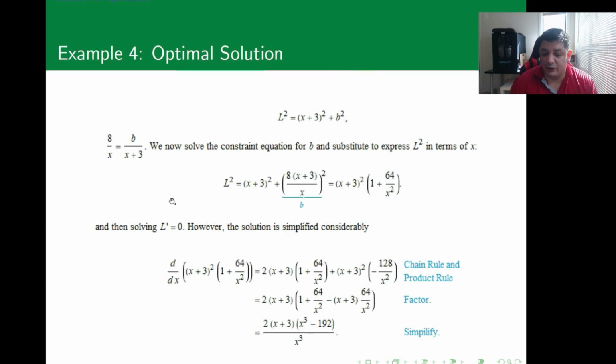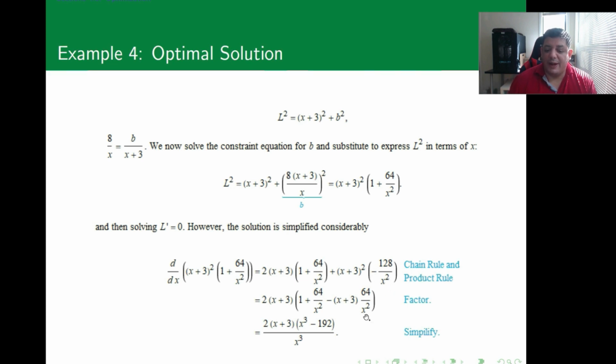And then we can take the derivative. We can take the derivative of L squared and find the critical points. Notice that this is going to be a product rule with a chain rule. So we have 2(x plus 3) times (1 plus 64 over x squared) plus (x plus 3) squared times the derivative of (1 plus 64 over x squared), which is minus 128 over x cubed.